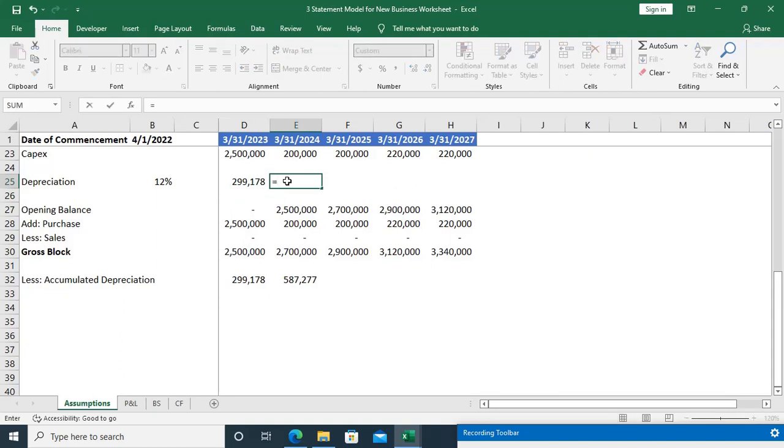For the second year's depreciation, see, if this is the first year's depreciation, this one, which is 25 lakh, was your net asset value. Minus you had depreciation of this year.